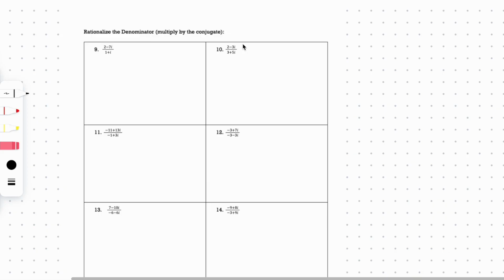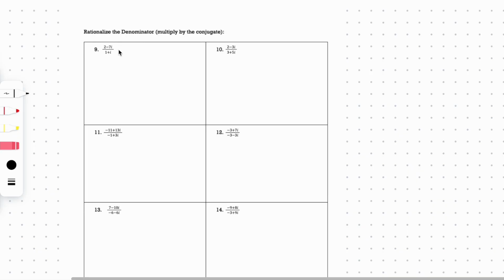Last lecture, we said the conjugate was basically going to be the same term, except we're going to have a negative instead of a positive, or in the case where it's already subtraction, we're going to do addition instead. And that's going to cancel out that middle term. If you're still unsure of what I'm saying, go back to that last lecture. We talked about it for a second over there, and I showed you an example.